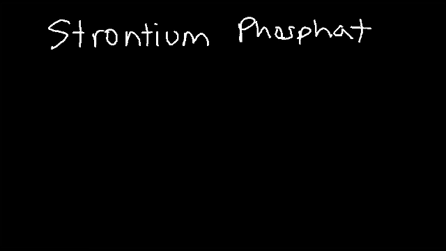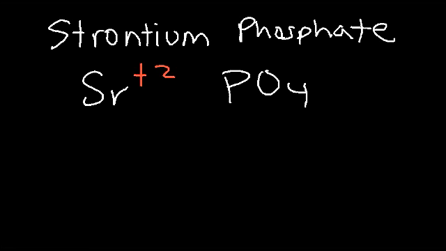Strontium phosphate. Strontium is an alkaline earth metal in group 2, and it has a +2 charge. Phosphate, this is something you have to know, it's PO4 3-.